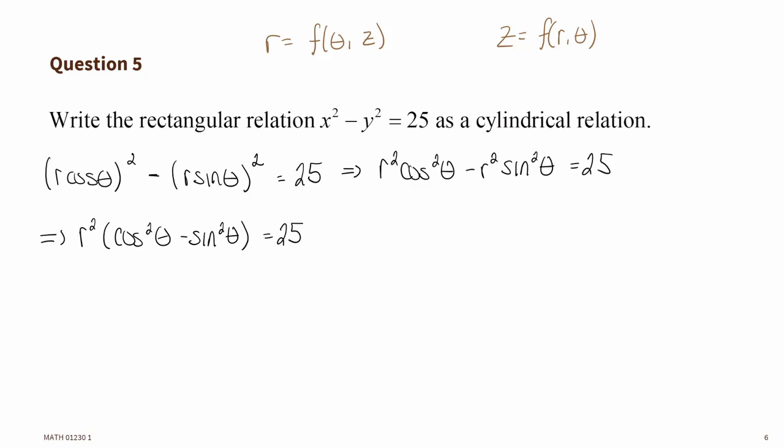Negative r squared. So you were thinking cosine squared plus sine squared. For negative r squared, that would have to be negative cosine squared minus sine squared.